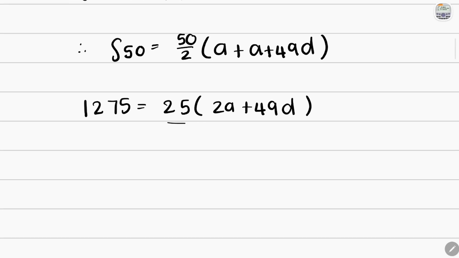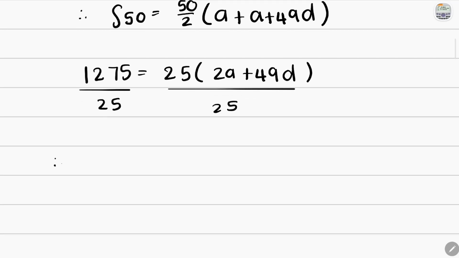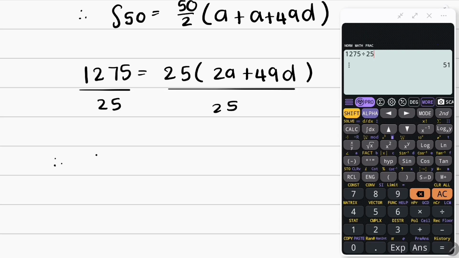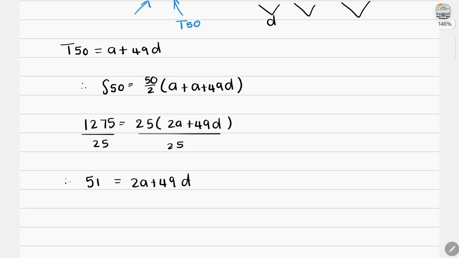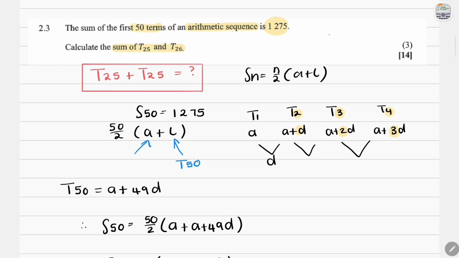And at this point, you can just divide both sides of the equation by 25. And now we have 51. So 51 equals 2A plus 49D. And then at this point, we just look stuck.